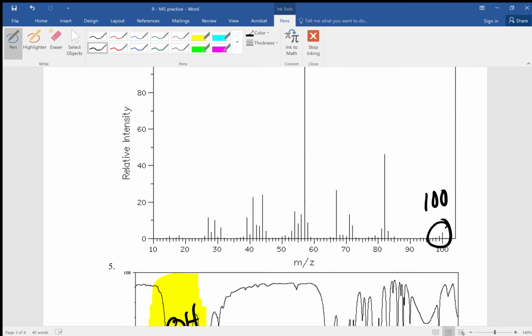So the actual parent peak here is not likely to be 100 because of the alcohol. It's much more likely to be the 100 that we can see plus a molecule of water. So most likely here the parent peak is at 118.